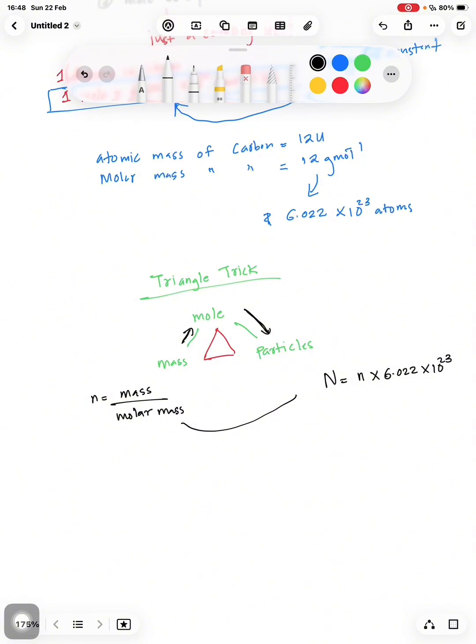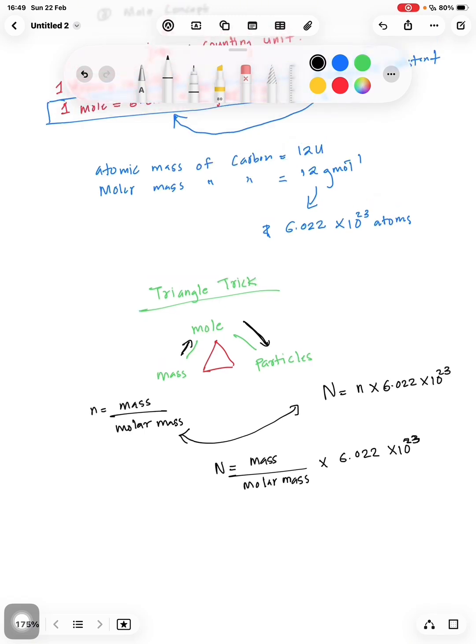When I combine this and this, I get N is equal to mass over molar mass into 6.022 into 10 to the power 23. This is a triangle trick that I used during my levels. Here, this is number of particles.